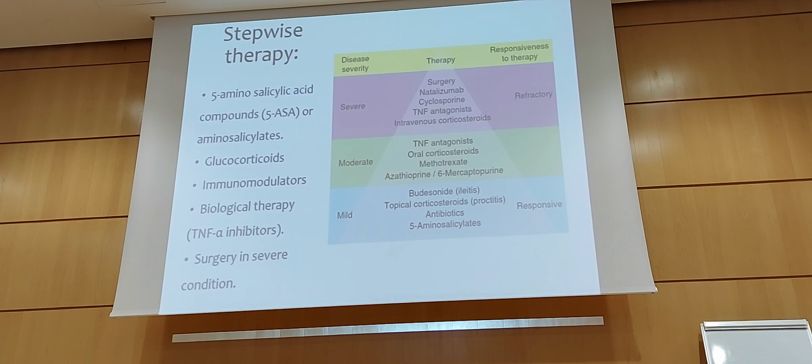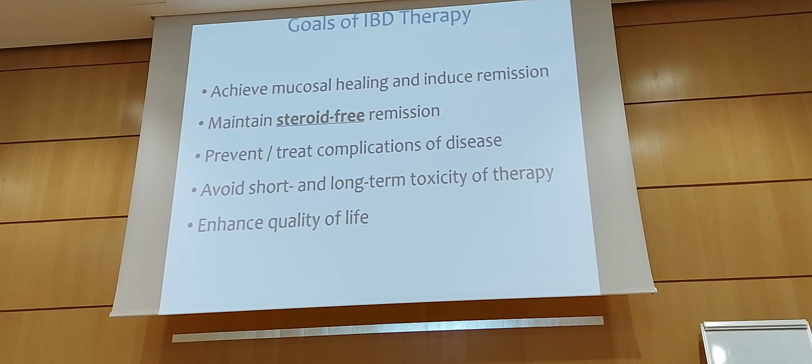So what are the different options that are available? Antibiotics have some role in the management of which, ulcerative colitis or Crohn's? Crohn's. And that's for the management of perianal and fistulating disease. But for disease activity, antibiotics don't have much. So we talked about mesalamine, 5-ASA compounds. What else?